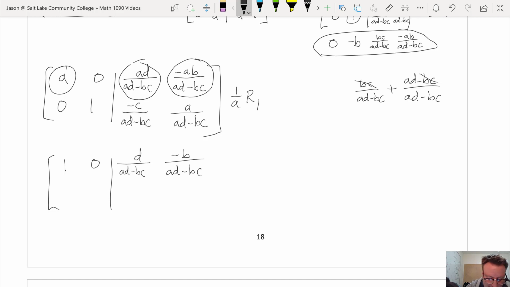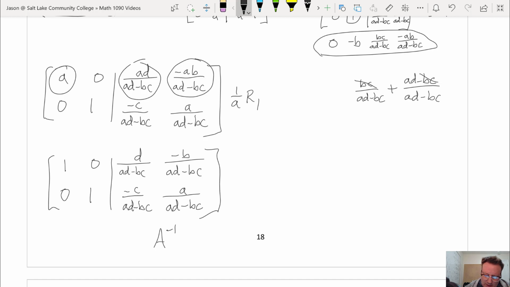And the second row stays exactly the same: 0, 1, negative C over AD minus BC, and finally A over AD minus BC. Okay, so there is my A inverse.